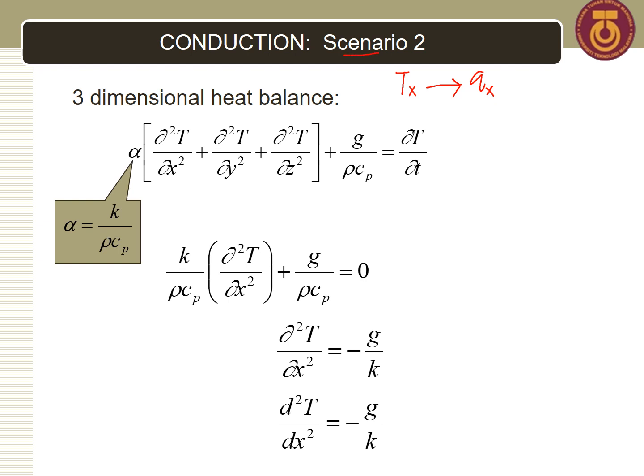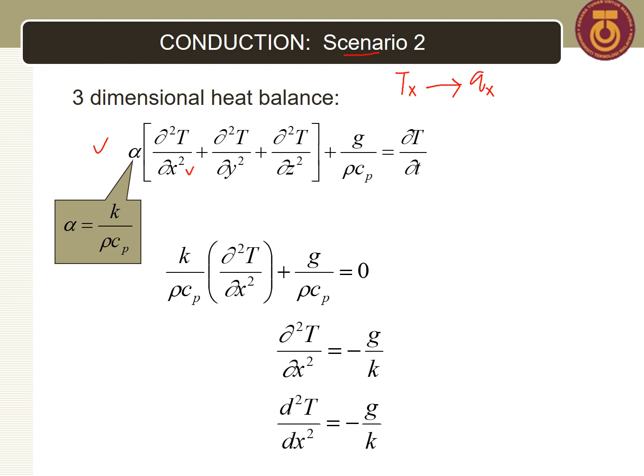We already know that for the Tx derivation, we will start from the energy balance equation. This is the equation, and because of our assumption, we only consider heat transfer in one direction, that is the x direction.